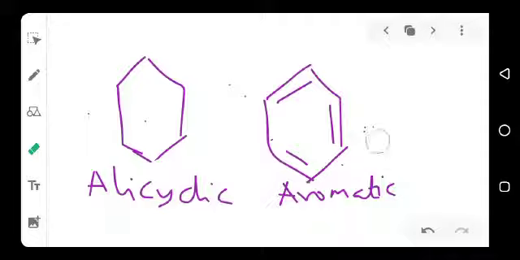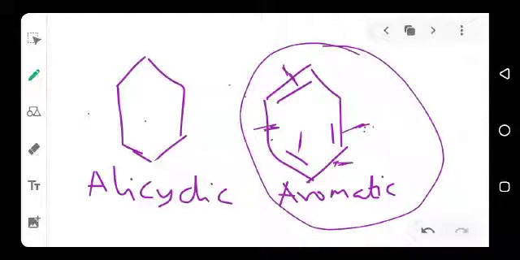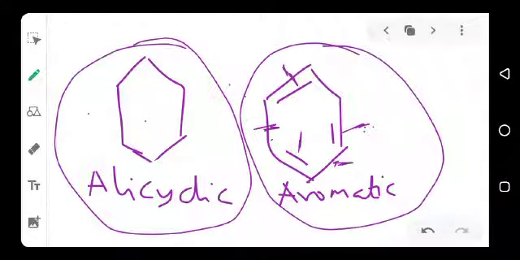You can see this is a double bond here, there's no double bond this side, there's another double bond here, there's no double bond here, there's another double bond here. So because of this, this one is an aromatic cyclic hydrocarbon. But this one does not have alternating double bonds, so it is called an alicyclic hydrocarbon.